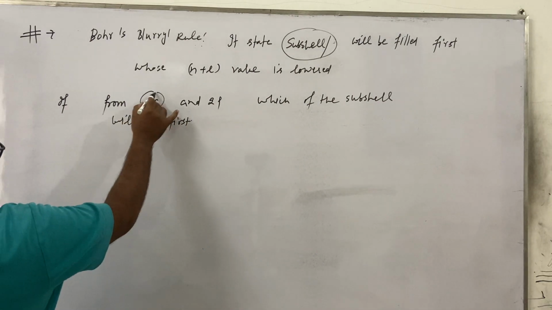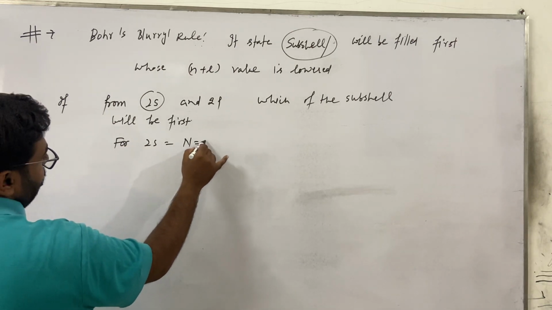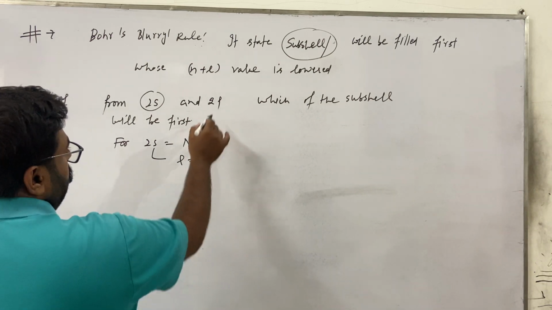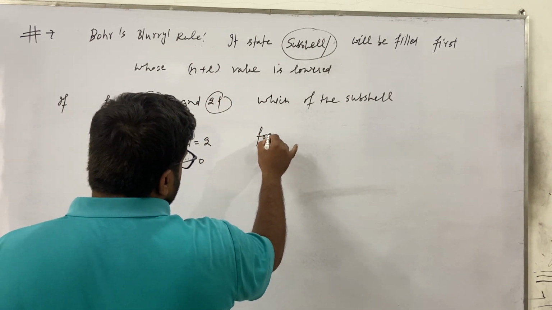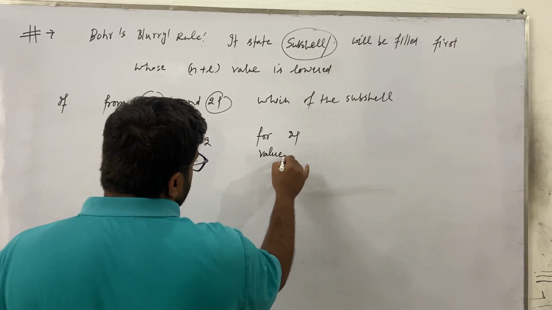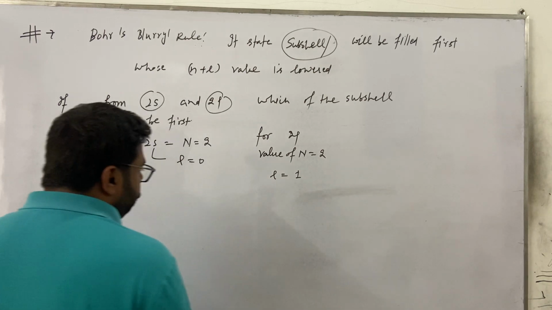For 2s, the value of n is 2, and for s, L is always 0. For 2p, the value of n is 2 and the value of L is 1.